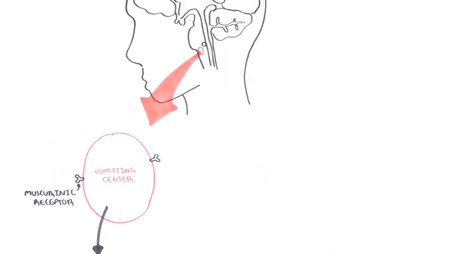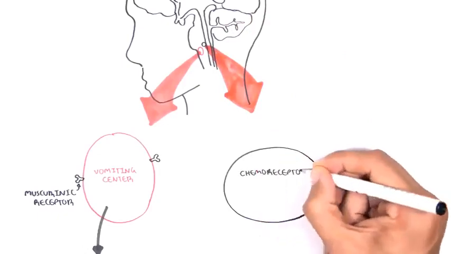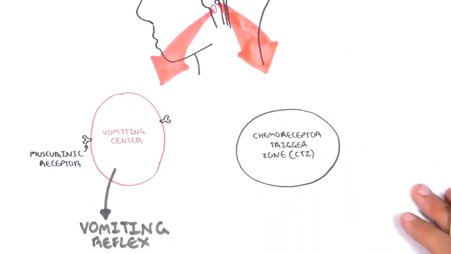Close to the vomiting center, also near the medulla oblongata of the brainstem, is another area called the chemoreceptor trigger zone, or CTZ for short. Now, the CTZ, as the name suggests, gets triggered by chemicals.